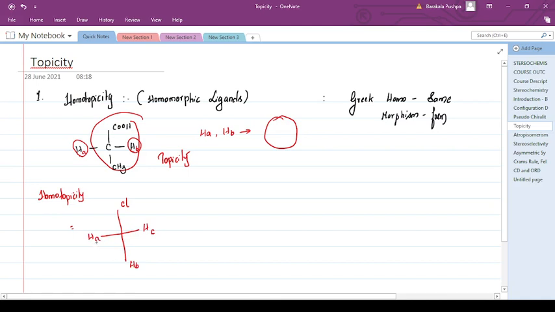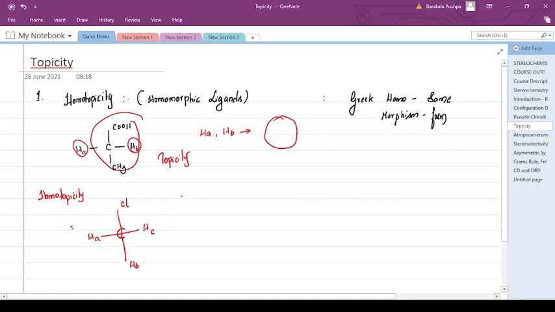All of us know that the relationship between HA and HB, and HB and HC, with respect to this central carbon atom is called topicity. Now we will consider why these ligands are equal in faces.